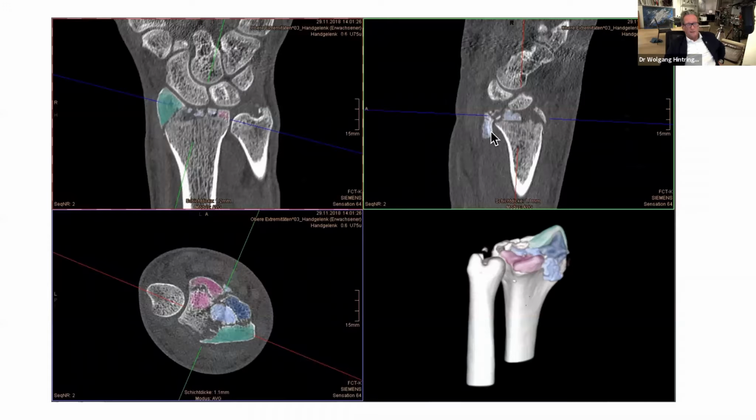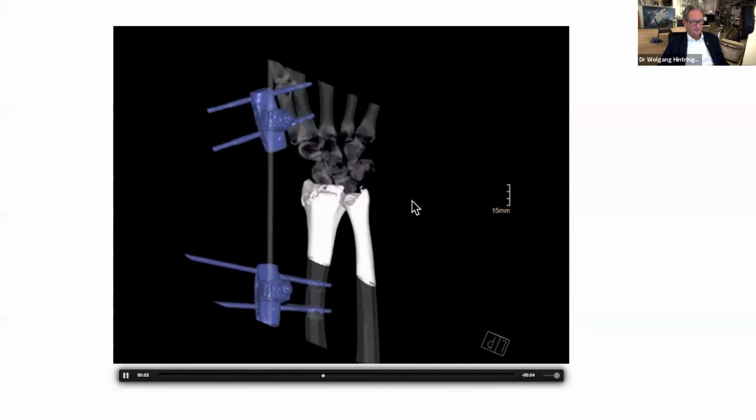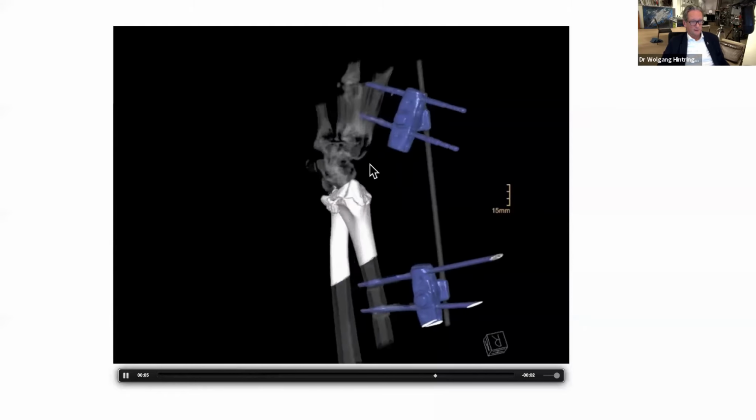And you can see here on the side view that one of the articular surface fragments is turned out 90 degrees and dislocated to the volar side. You can see that very clearly on the CT, on the 3D reconstruction, and also here in blue on the volar side view. Here you can see the 3D reconstruction running around.